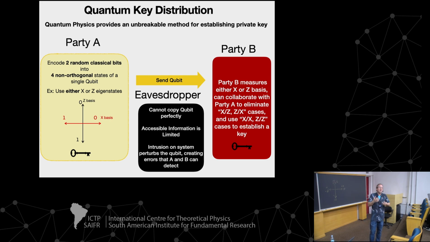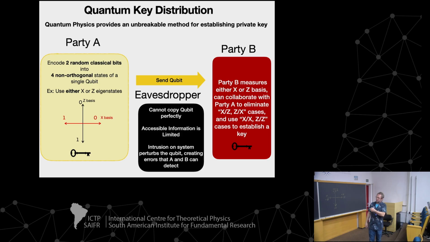They can do many things. They can try to measure it, or they could just block the channel. But the idea is that A and B are honest and are collaborating with each other. They want to communicate a message to each other, and so they want to establish this key, right? So all of the cheating, the eavesdropping, the manipulation is done here in the middle by a third party.